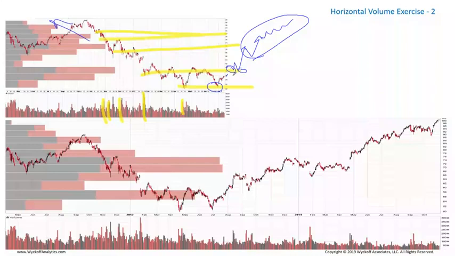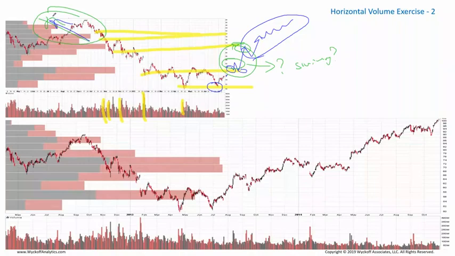So for instance, if we know that there's going to be a resistance somewhere here and then here, then is this a good place for a swing trade? Or maybe where supply is going to diminish, maybe in this area a swing trade would be better.